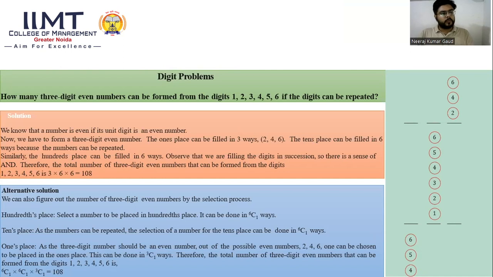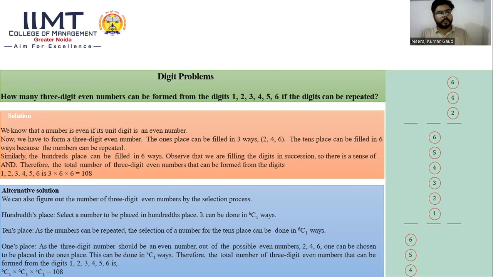Alternative solution. We can also figure out the number of three-digit even numbers by the selection process. Hundreds place: select a number to be placed in the hundreds place. It can be done in 6 ways. Tens place: as a number can be repeated, the selection of a number for the tens place can be done in 6 ways. Ones place: as the three-digit number should be even, out of the possible numbers 2, 4, 6, one can be chosen to be placed in the ones place.